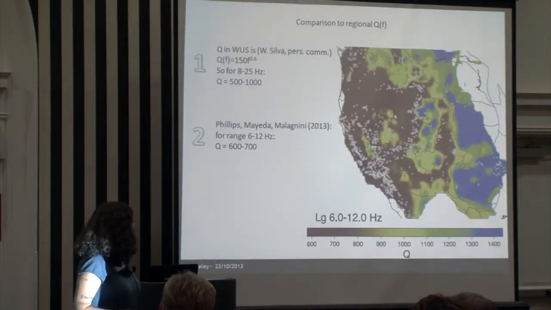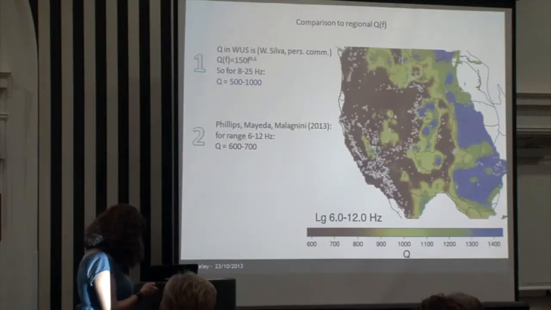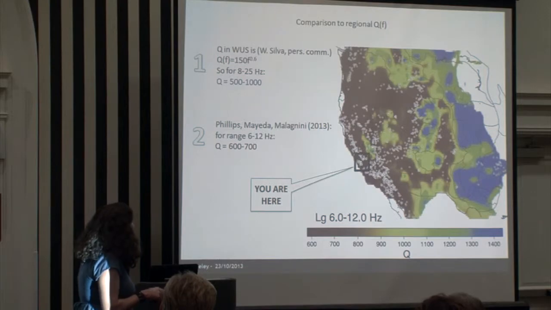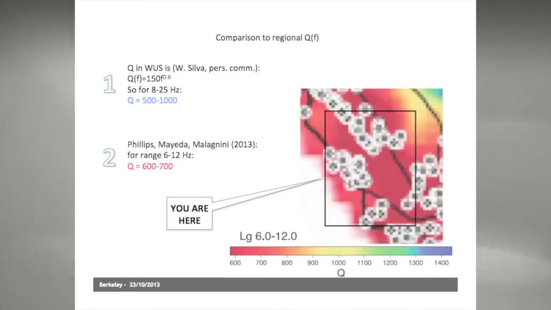And then if we use the really elegant results that Kevin presented yesterday, this is the map of the US, and you are here. If we blow this up, we have around 600 to 700 of a Q in this neighborhood.